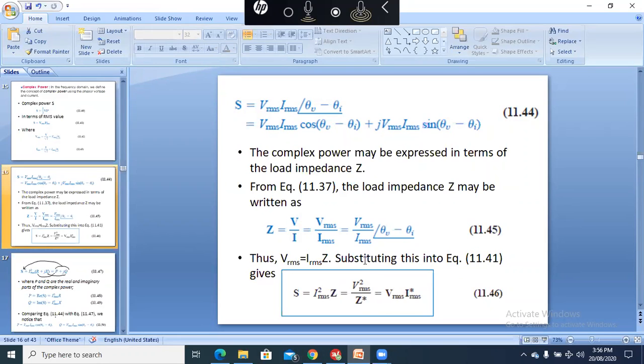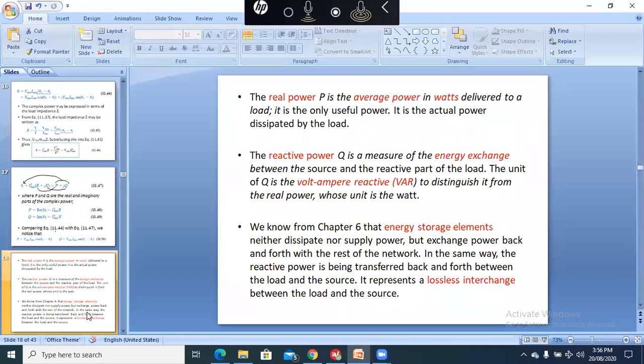Now see this concept that we have learned: the real power P and the average power are the same, and they are calculated in watts, and that much power is delivered to the load.